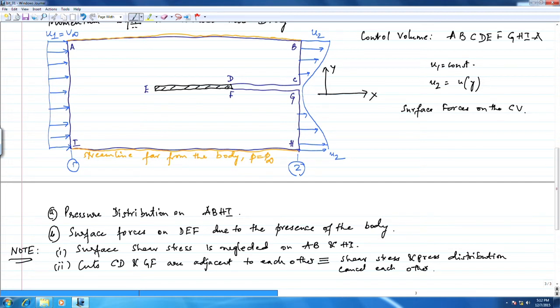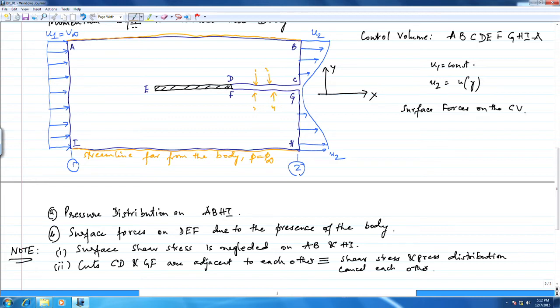So you can just sort of think about it. If I were to just quickly do this here, I could have a pressure acting like that, and a pressure acting like that. So, these two, 1 and 2, are acting on CD, and these, say 3 and 4, are acting on FG.